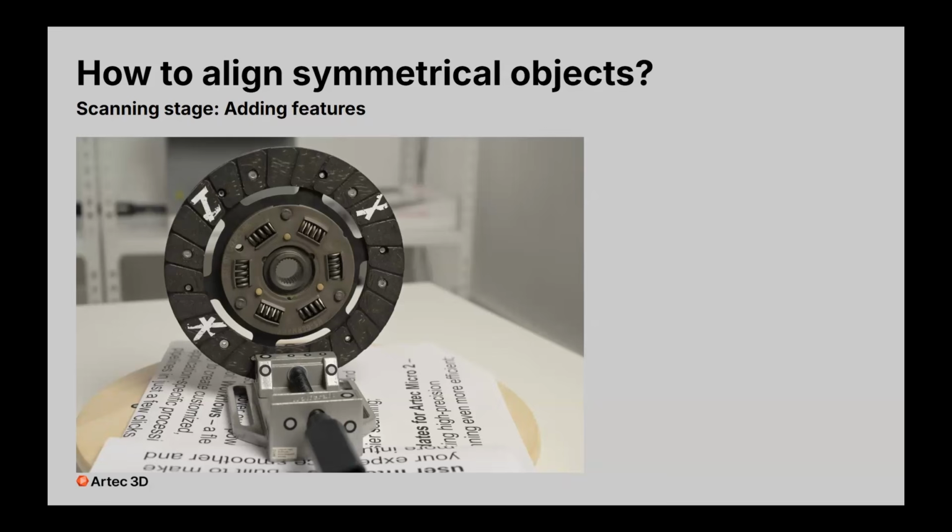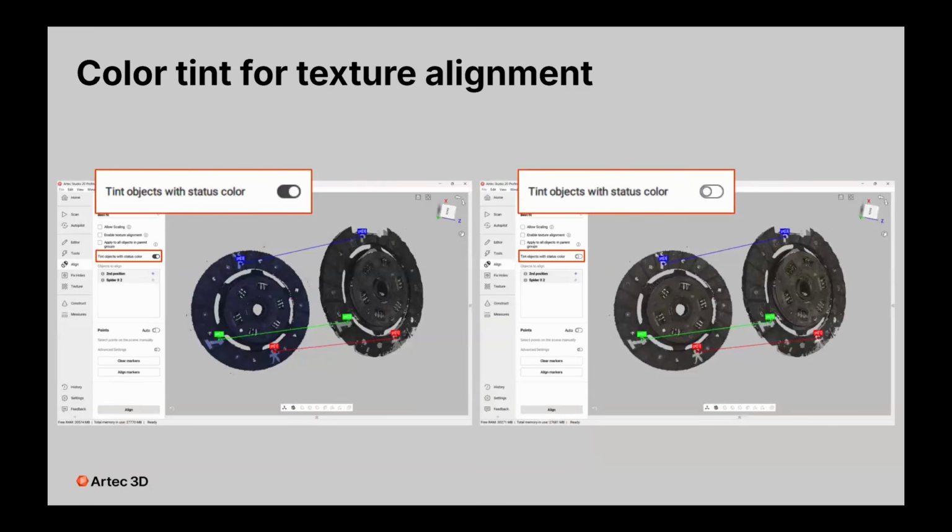Actually, the easy way to do that is to add features, either texture features or geometry ones. So yeah, in case you have such an option, it's better to add the texture features, and then it would be much easier to align such objects.